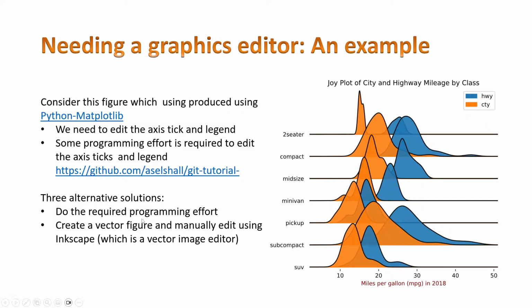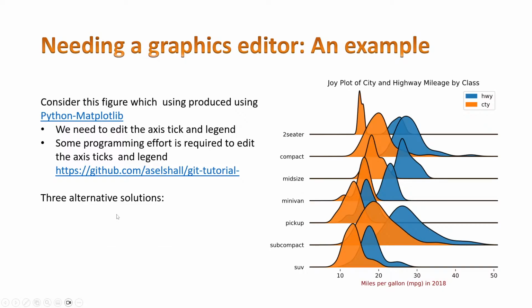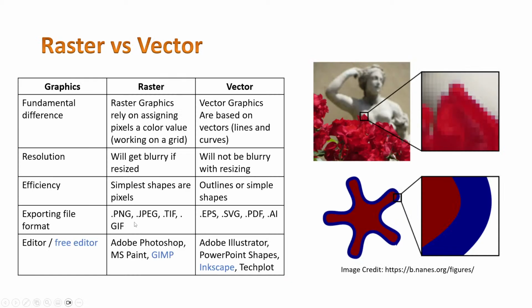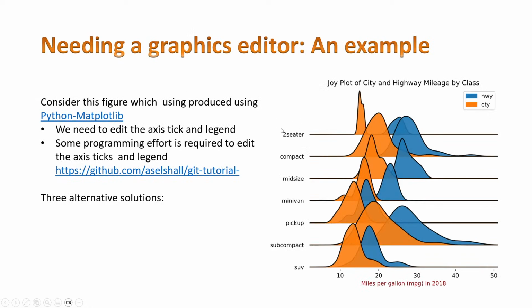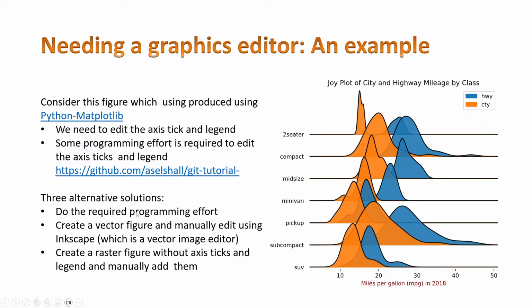When I save this figure from Python or whatever in an SVG format, then it would be a vector. Vector means that I could access this guy here and change the text, like instead of two-seater, I will write TWO-seater. I will make this capital. So I could access each of these. I could come here to this guy and edit it. I could come here to this guy and edit it. So that is the second thing.